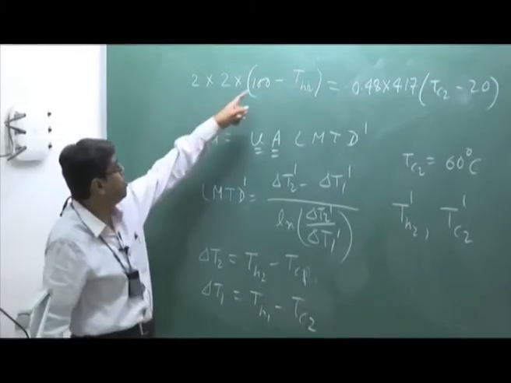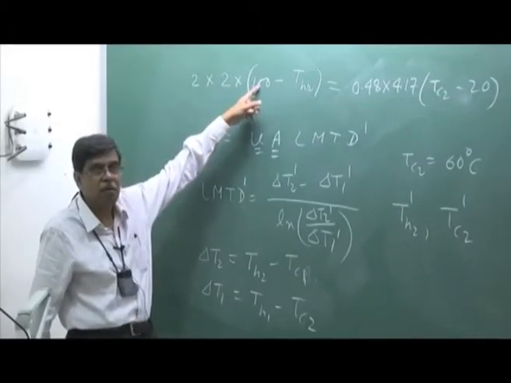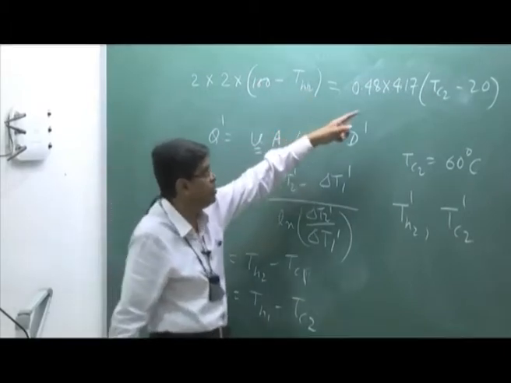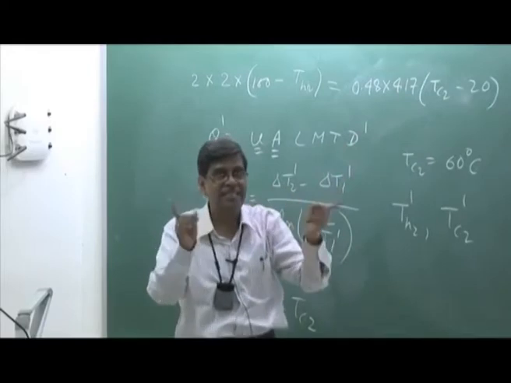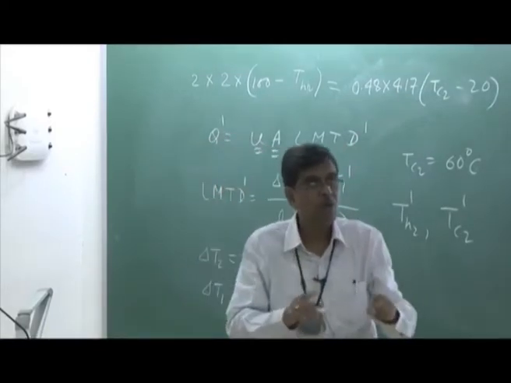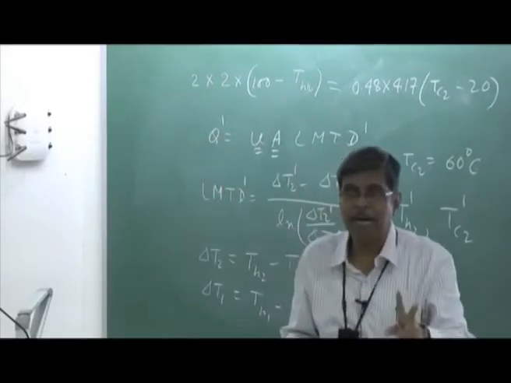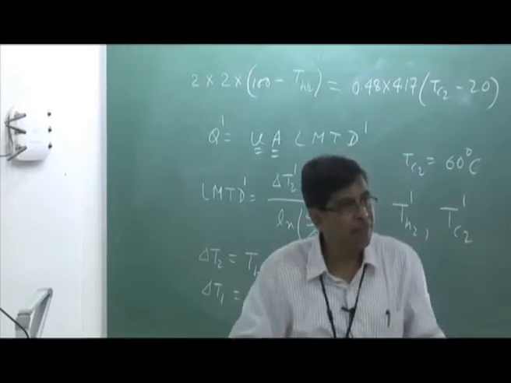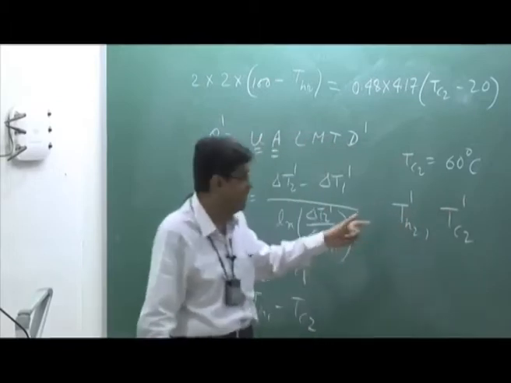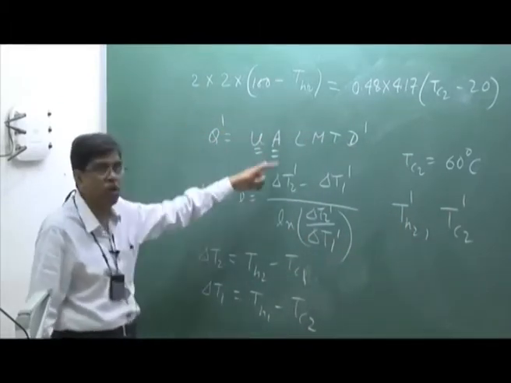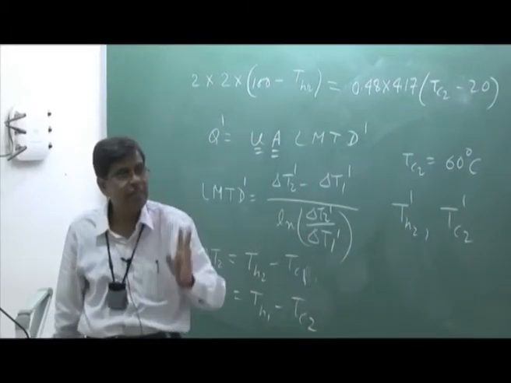When Q is found out, I can use this with the unknown TH2 or this with the unknown TC2 and try to match the TH2 and TC2 found with the earlier value. If they differ, again we put that value and change this to superscript 2, next iteration, and this loop will go on until these two match.